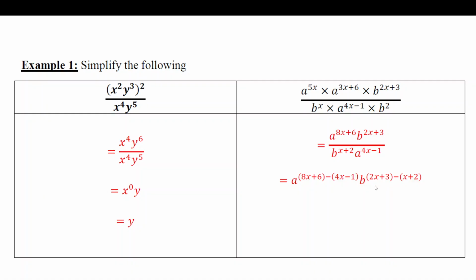And in the end, we should have here 2x take away x, 3 take away 2. So that's what we got written here. Notice how that negative and negative made a plus down here. And again, you don't really need to write this middle step here if you're confident, but eventually you will get 4x plus 7 and x plus 1.